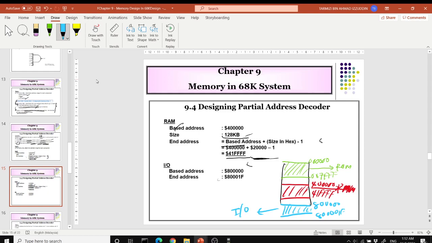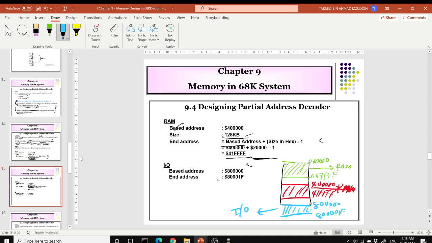So you want to design a system in such a way that the memory addressing scheme looks like this: this address range is connected to ROM, this range is connected to RAM, and this range is connected to the I/O.